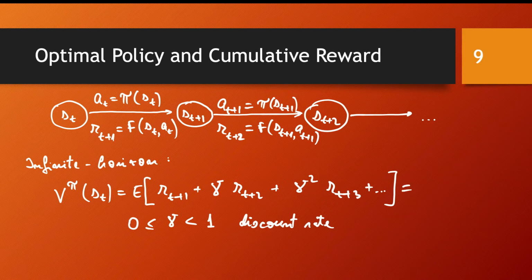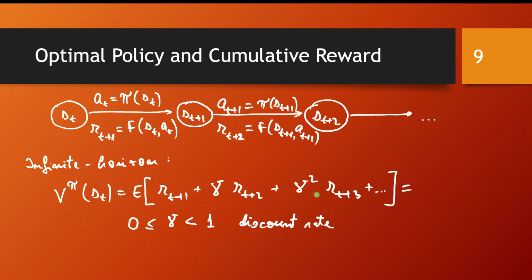This is introduced, like I said, with a mathematical argument that you would like to have a finite return out of this sum. But there is also an additional argument thinking about the application of this kind of reinforcement learning, and that is that you really will get an immediate reward here, and then later on some other reward, and even later some other reward, and so on. There is always obviously a preference for rewards that we are getting sooner.